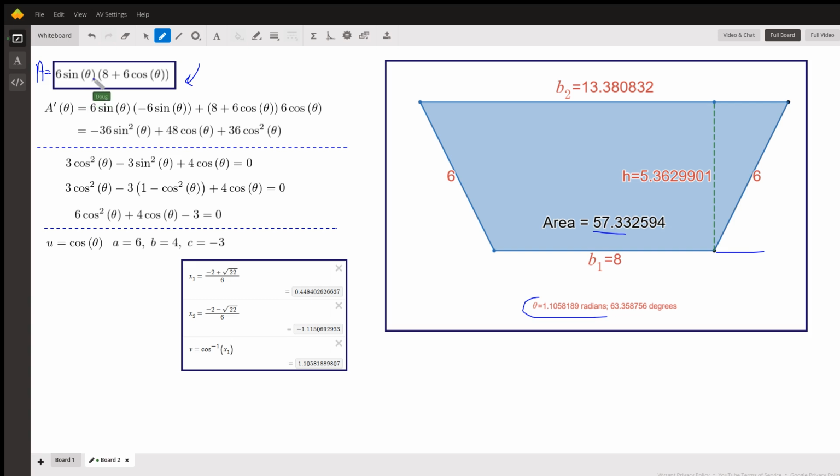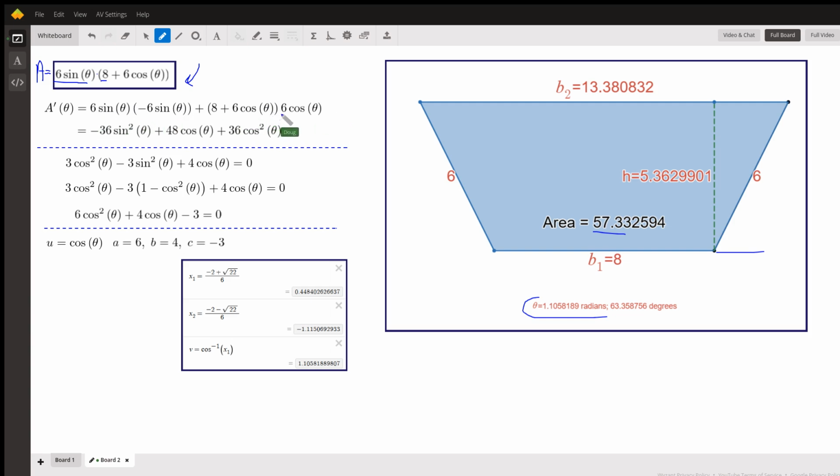Well, the derivative we can find using the product rule. So it's the first function times the derivative of the second. Of course, the derivative of the 8 is 0. Plus the second function, 8 plus 6 cosine of theta, times the derivative of the first, 6 cosine theta.